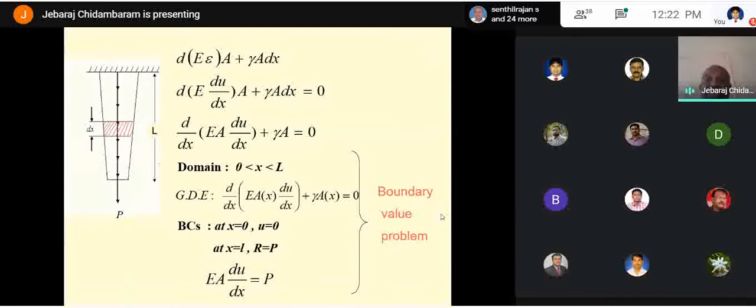So it is not enough to express a governing equation for the small segment. You have to define that it is valid anywhere from 0 to L. You have to say at x equal to 0, specifically displacement is 0. At x equal to L, specifically applied force equal to reaction force.